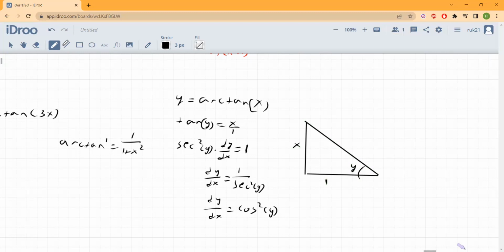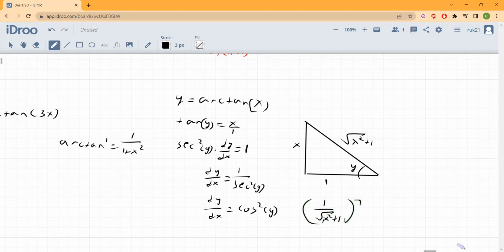Then we can calculate our hypotenuse by the Pythagorean theorem: the hypotenuse is the square root of x squared plus 1. Cosine squared of y is adjacent over hypotenuse, so it's 1 over the square root of x squared plus 1.